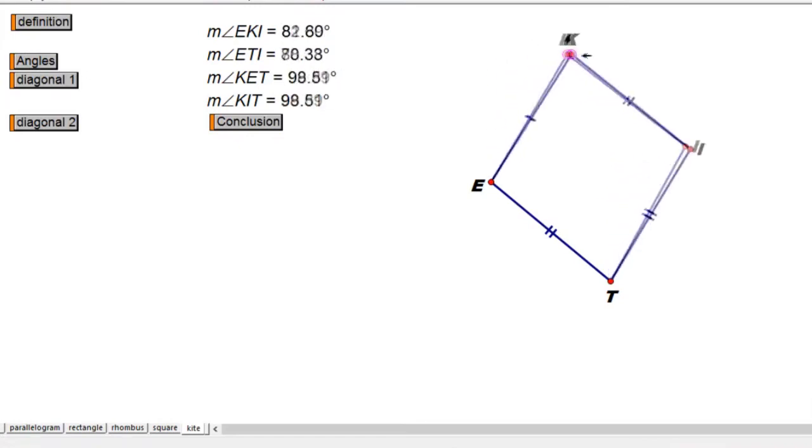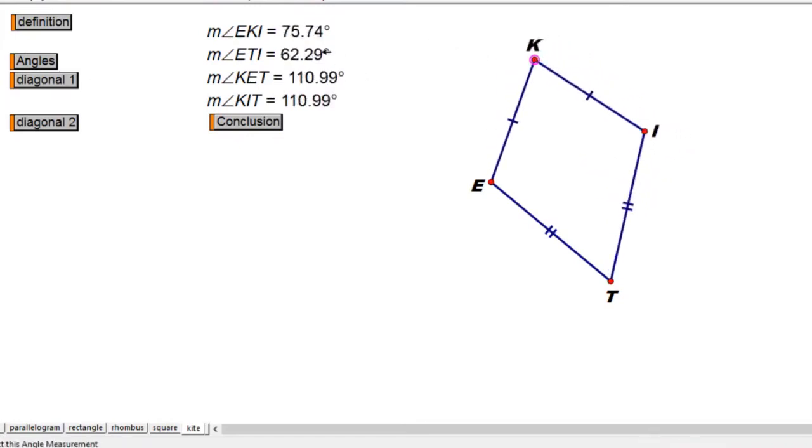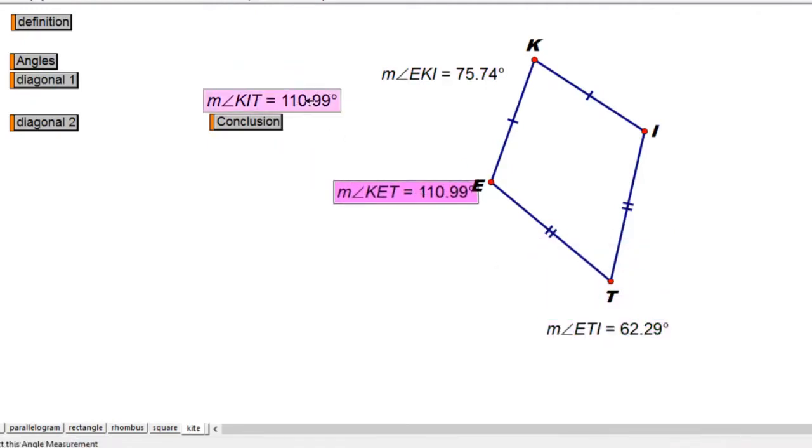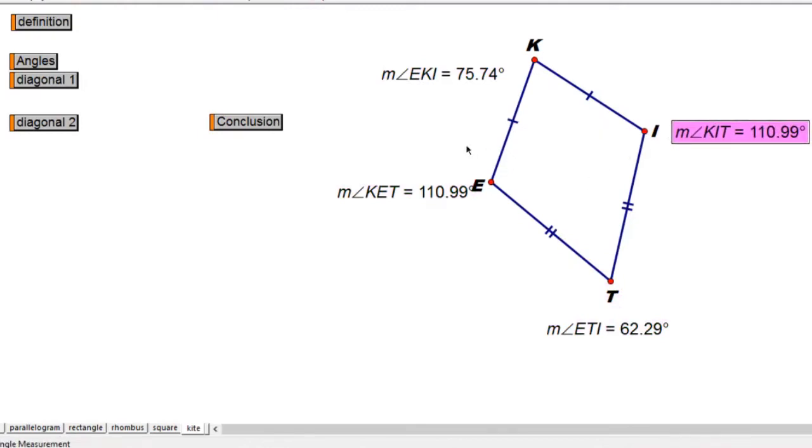Observe angle EKI, angle ETI, angle KET, and angle KIT. And if I drag them, observe.